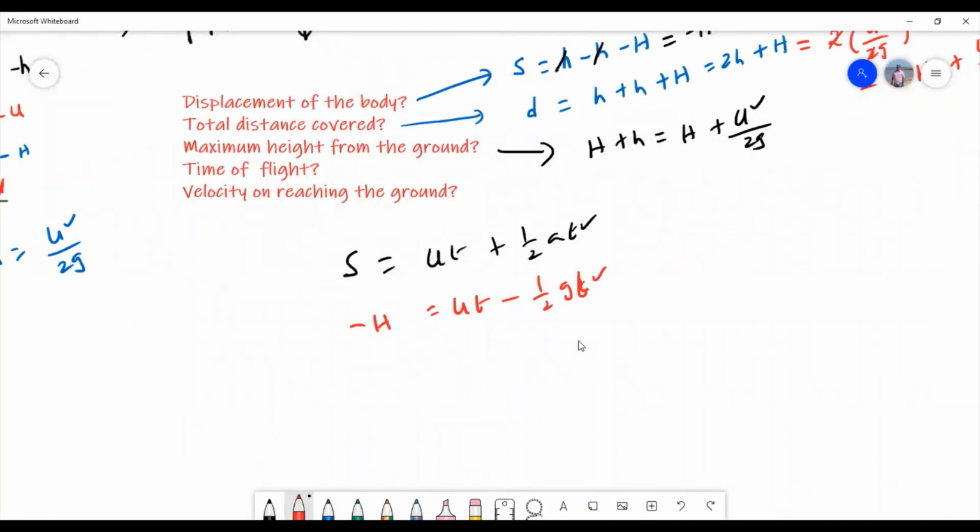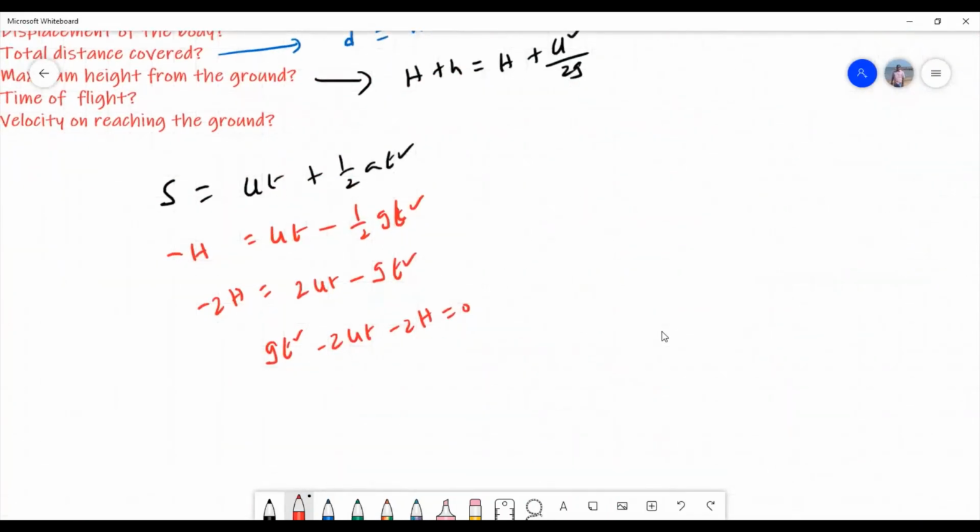Let us simplify that further. I'll bring it this side, so we can write minus 2h is equal to 2ut minus gt square, or simply I can write gt square minus 2ut minus 2h is equal to 0. So this is a quadratic equation. We need to get the value of time.